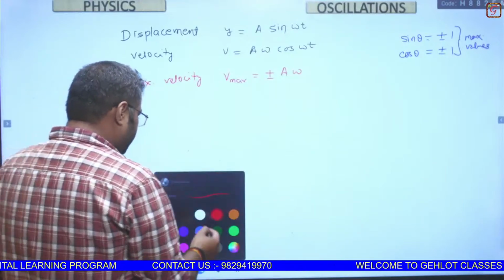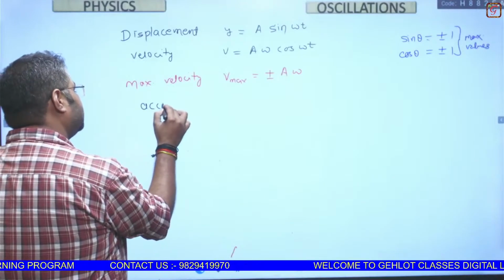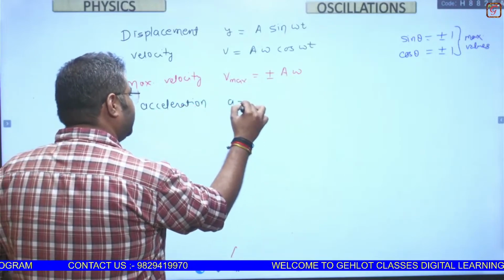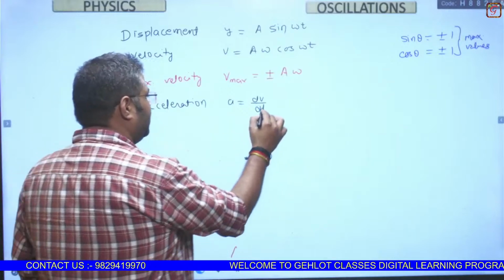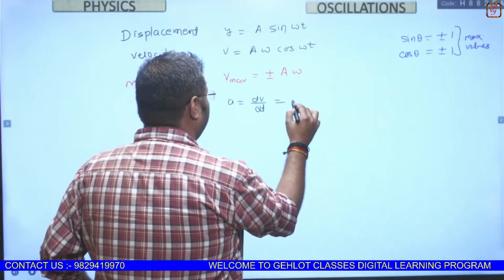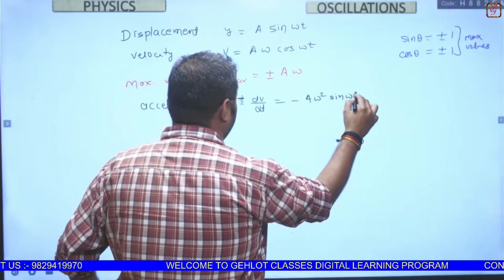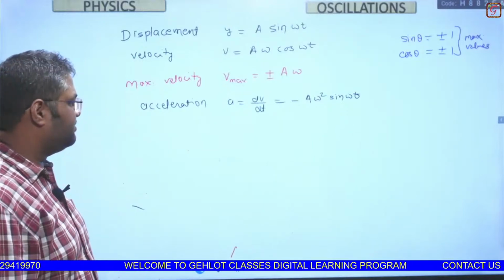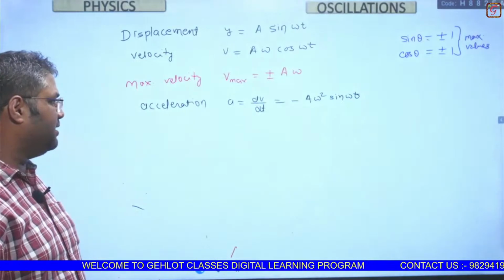Now what is the acceleration? Acceleration a = dv by dt, and if we differentiate it, it will become minus a omega square sin omega t.